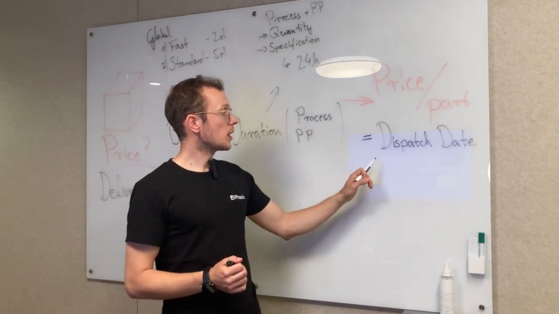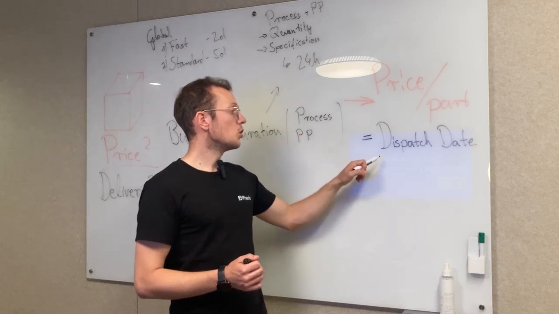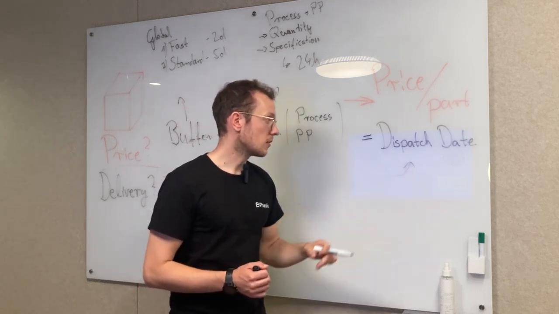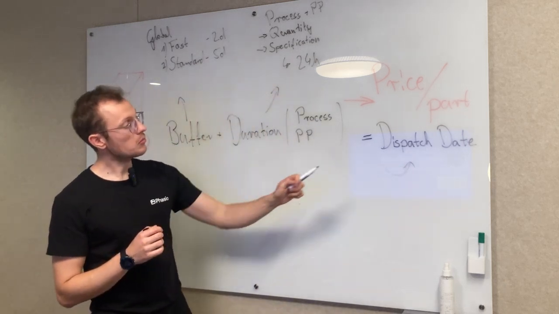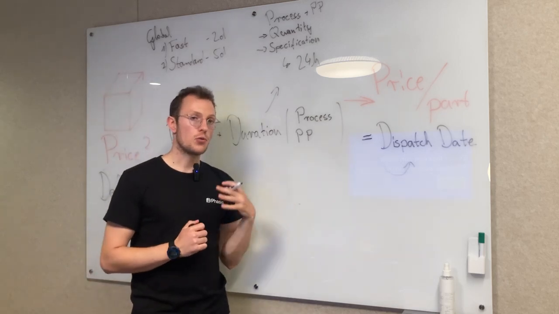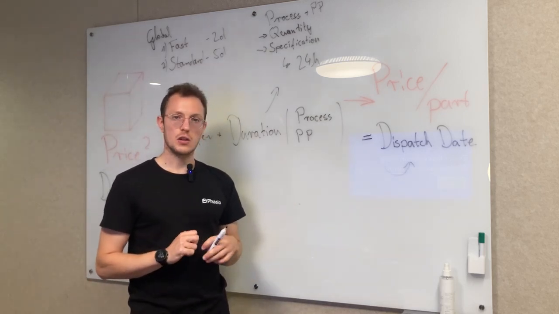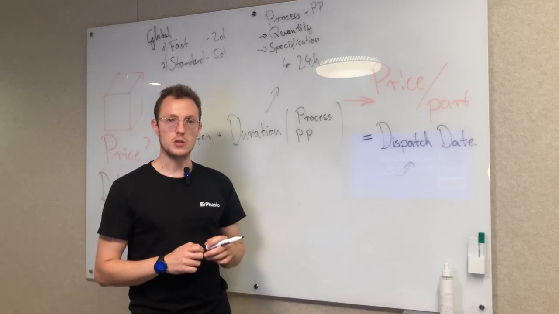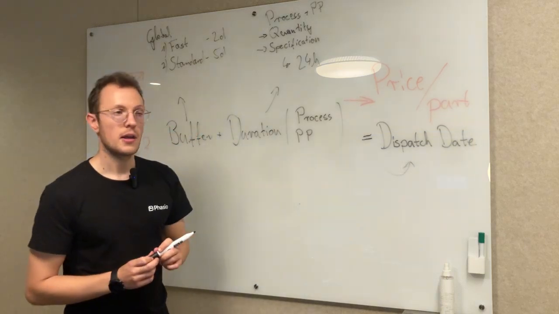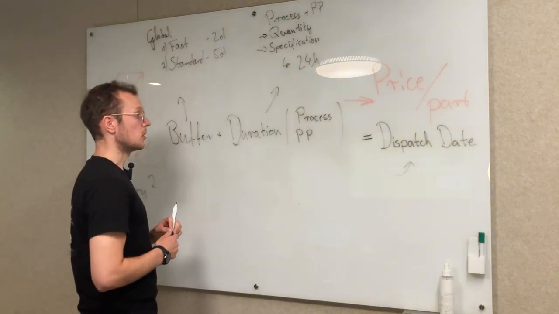And then you can get from that duration to a dispatch date. Please note that this doesn't mean dispatch on, but rather dispatch by. So by that time is the latest time that this will be dispatched to our logistics company, right?